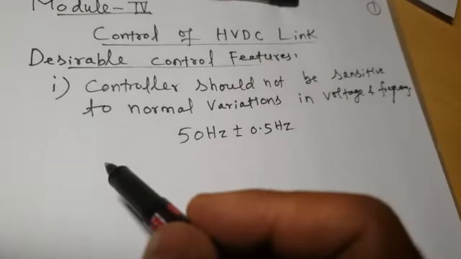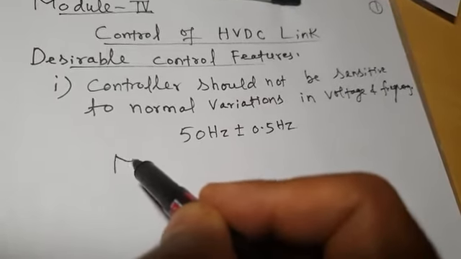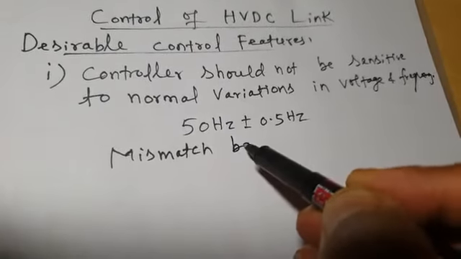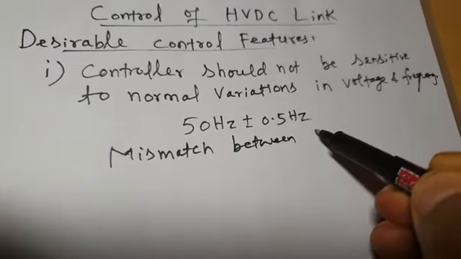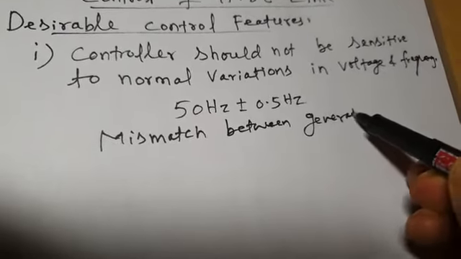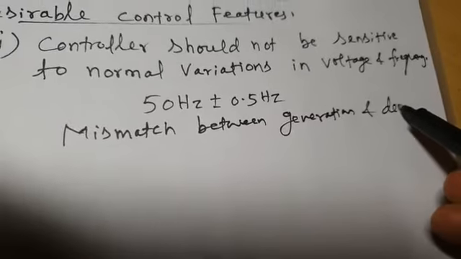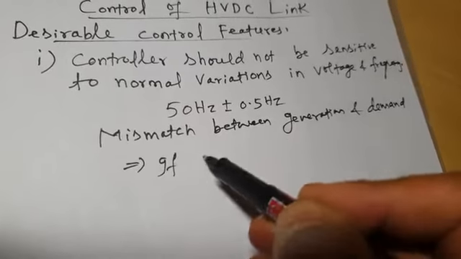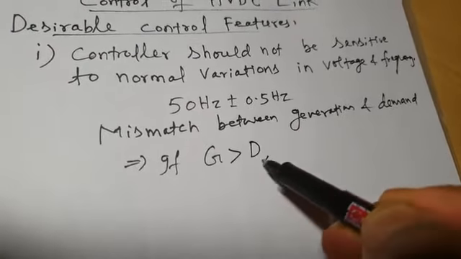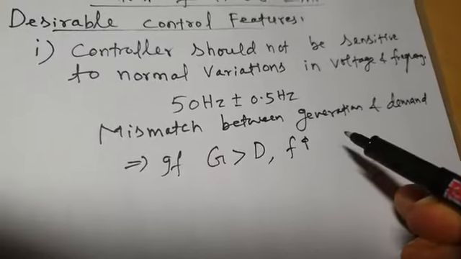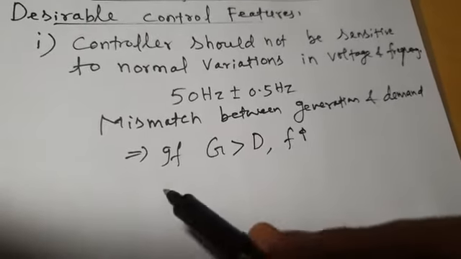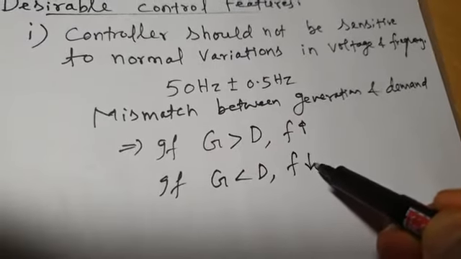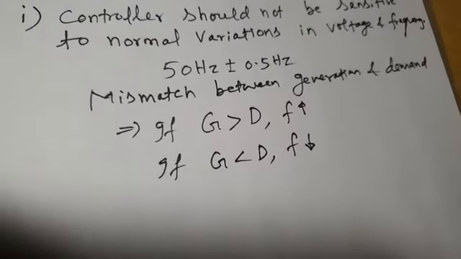Now, the frequency variation is because of mismatch between generation and load demand, which means that if generation is more than demand, frequency will slightly increase, say by 0.5 to 1 hertz, and if generation is less than demand, frequency may slightly decrease temporarily. These variations in frequency are temporary.